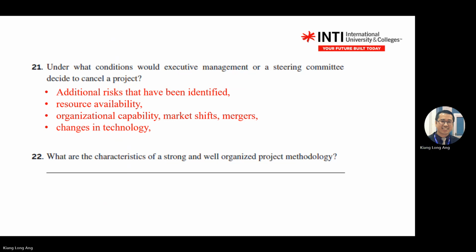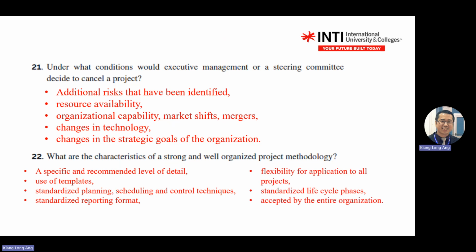What are the characteristics of a strong and well-organized project methodology? These are the few, 1, 2, 3, 4, 5, 6, 7. The characteristics: use templates, detail, standardize the planning process, and flexibility of application.